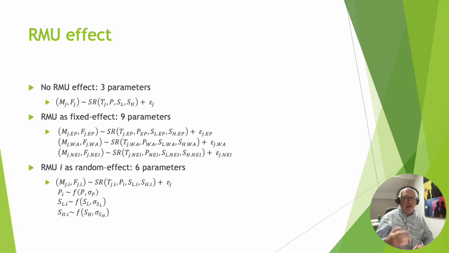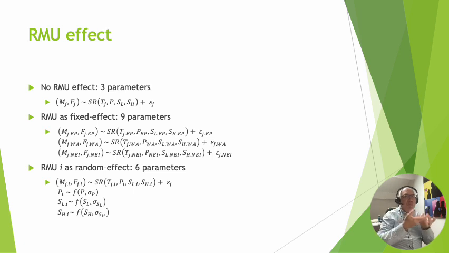Now, if the RMU is treated as a random effect, you have one global model for the species. This is the first line. For the species, you have one global model, but for each parameter P, S_L, and S_H, the specific value is obtained from a distribution. These are the 3 last lines.